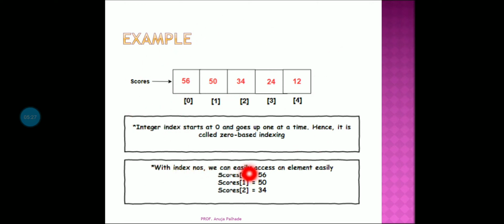With the index number we can easily access an element. Due to these index numbers, if I ask you for the marks at index 3, you tell me the answer. Marks at 0 is 56, marks at 1 is 50, marks at 2 is 34.